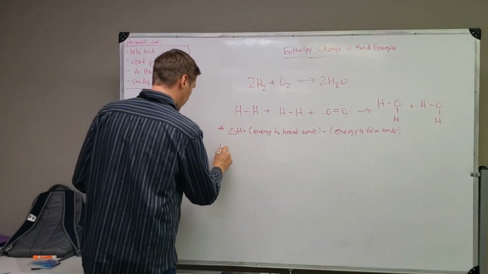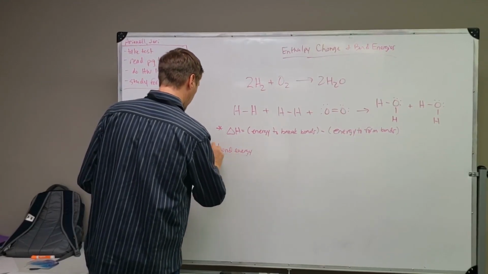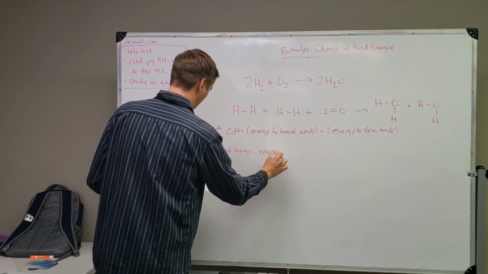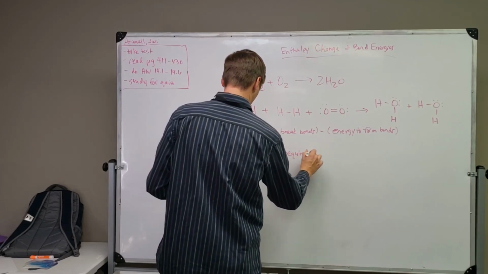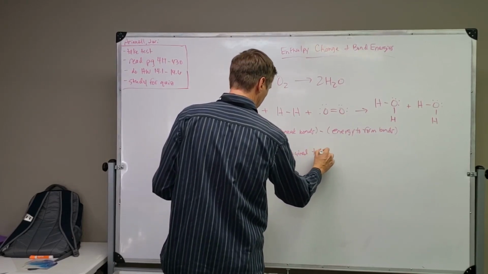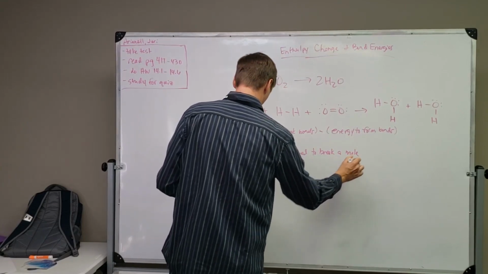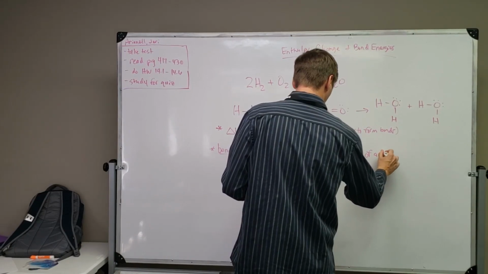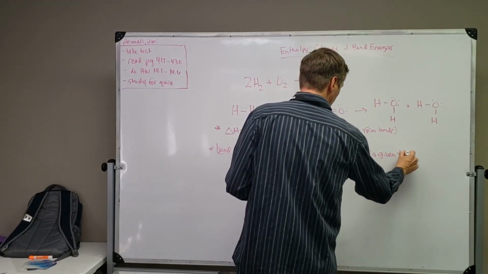And just to define what bond energy is, to make sure we have that definition. Bond energy is the energy required to break a mole of a given type of bond.